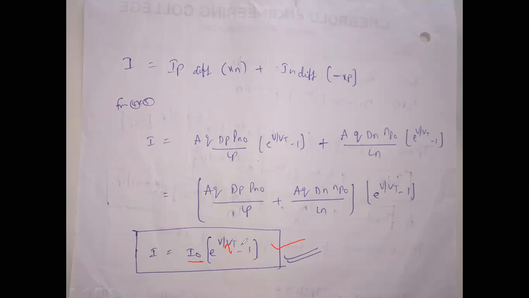Vt is the thermal voltage, Vt equal to kT volts, where k is the Boltzmann constant.